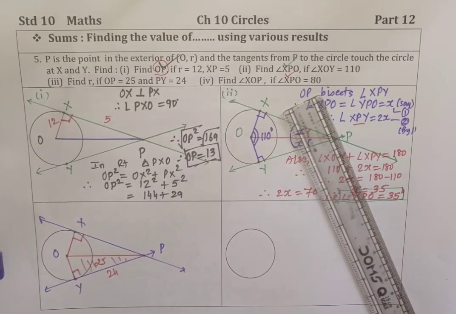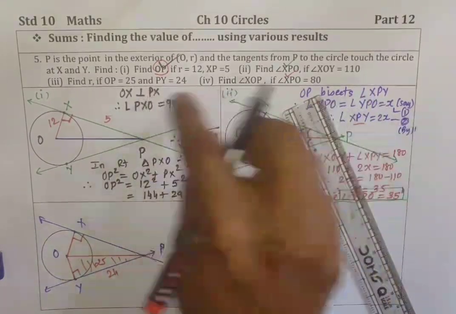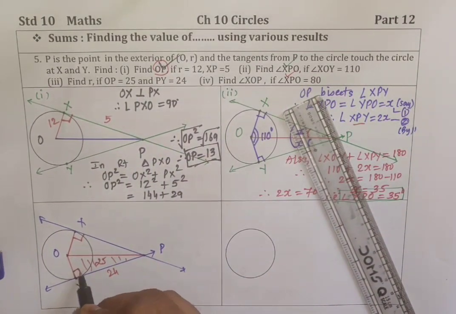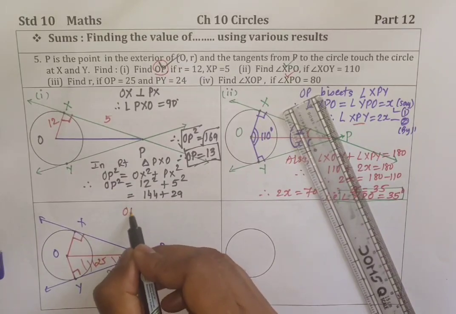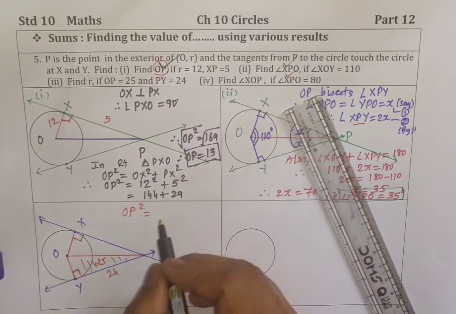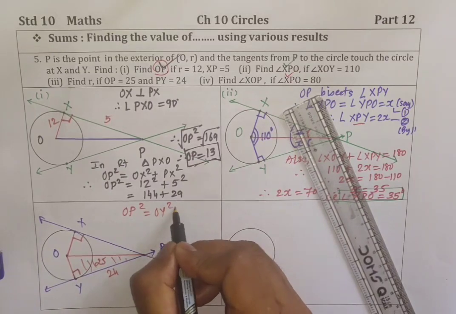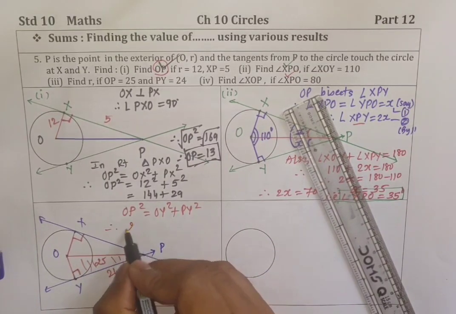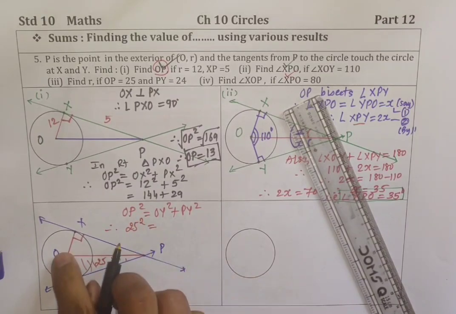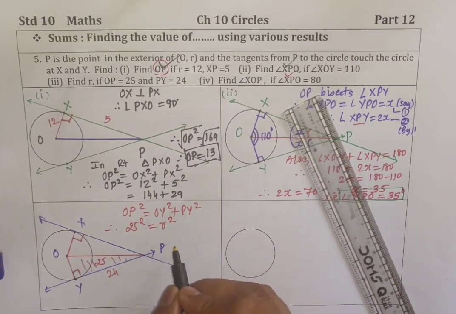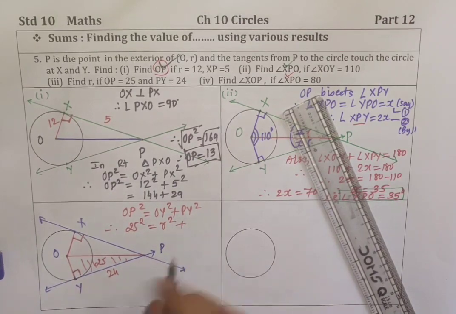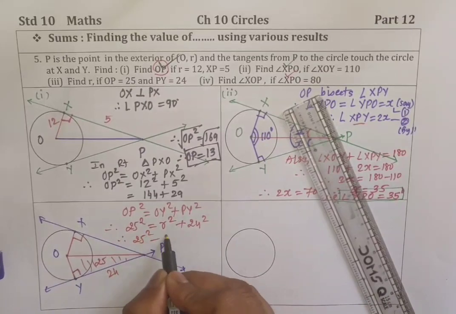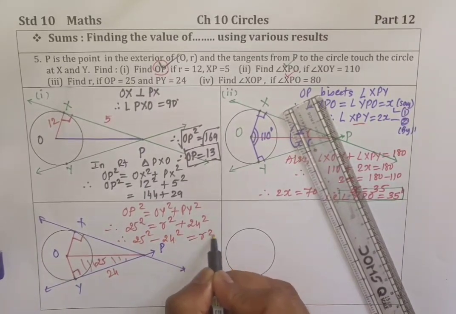All right. Finish. Now I am writing directly. Write this first. Okay. Say it: in this triangle, this is the right angle, so opposite to it is side OP. OP square is equal to OY square plus PY square. OP is given as 25, so 25 square. OY is the radius which you are looking for, R square, plus PY, that is 24 square. Therefore, 25 square minus 24 square is equal to R square.